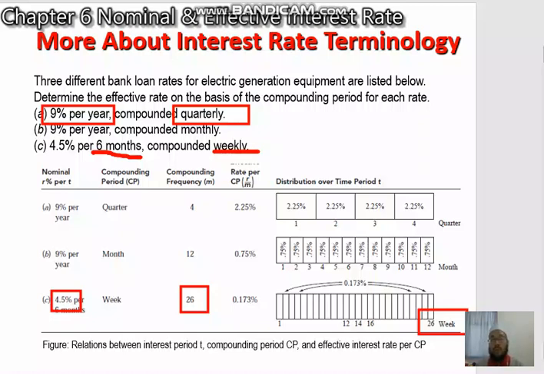So what is the effective for the first statement in this figure? After this, we will use the formula to calculate the effective interest for each statement. Okay. So thank you.